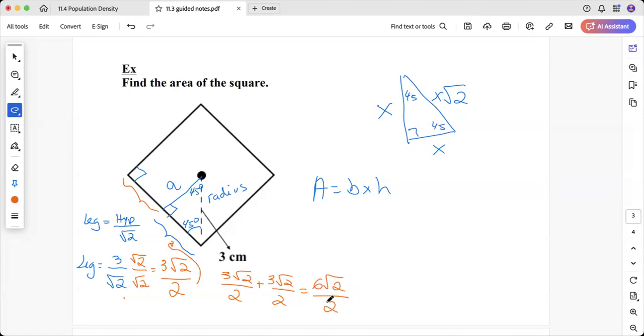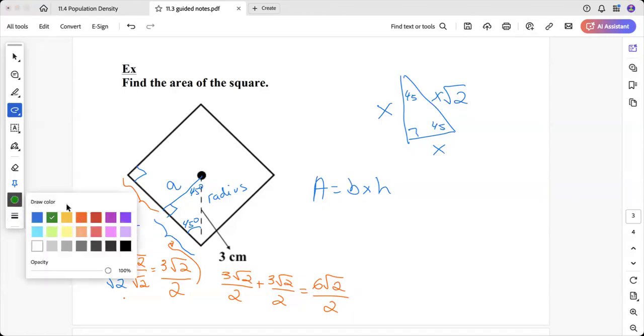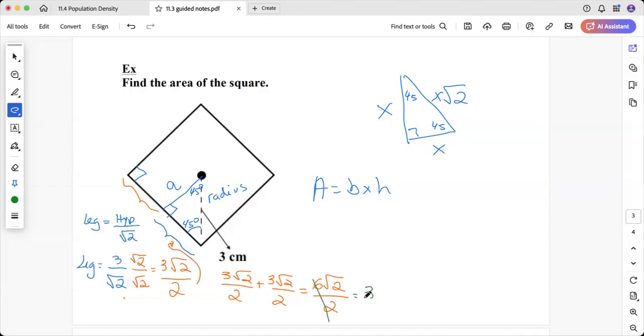So that means that this is each of the side of the square. We can actually simplify this and make this 3 square root of 2. So each side of the square is 3 square root of 2.